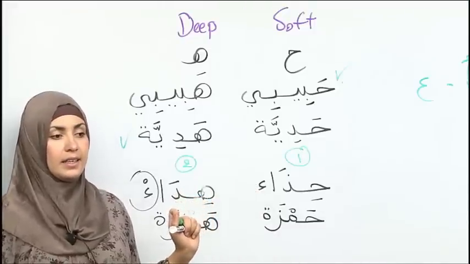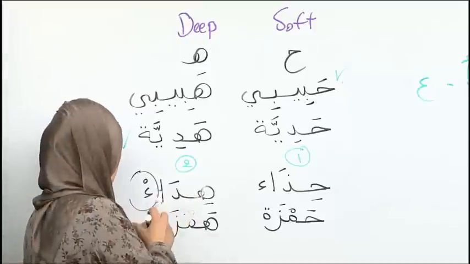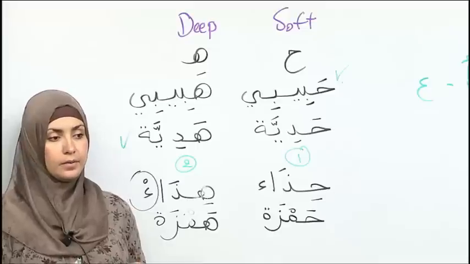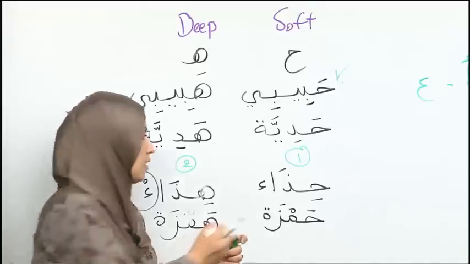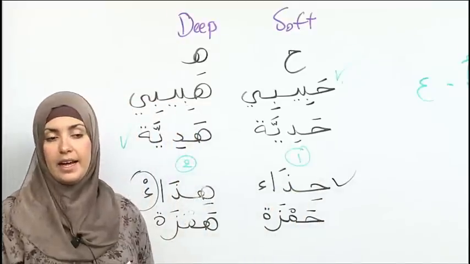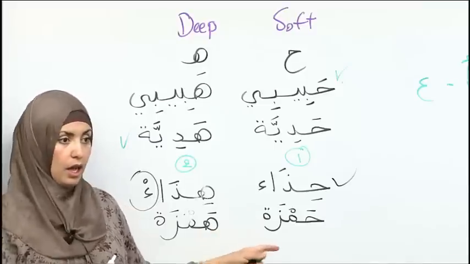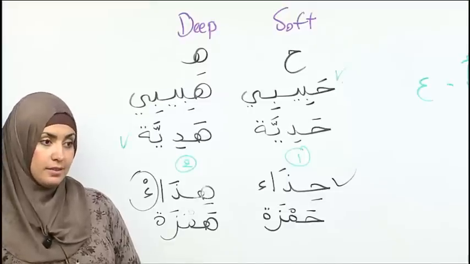Third example. حذاء. So which one is an actual word? حذاء. Shoe. A shoe.